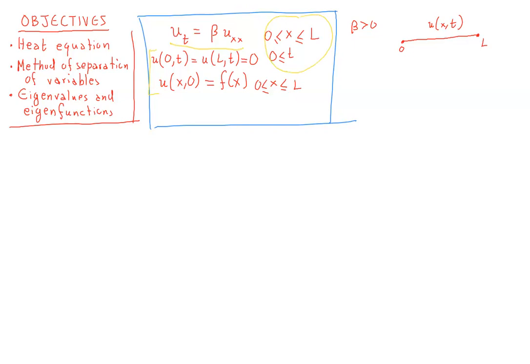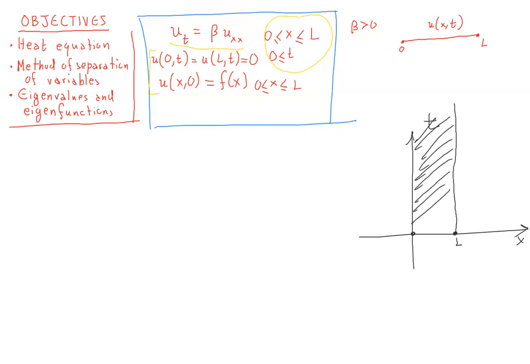If you wish to visualize this in the space of the variables, then here's how it goes. And I think this is a very useful visualization. So imagine that this is the x-axis and this is the t-axis. Okay, so you're interested in x between 0 and L, and then t can be greater than or equal to 0, which means that this is the domain where this problem is defined in the xt space, right?